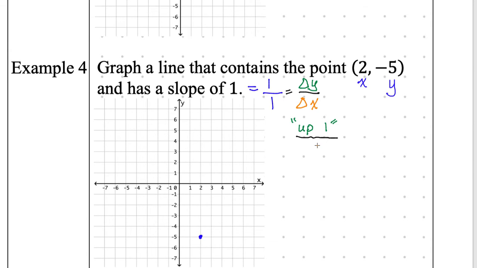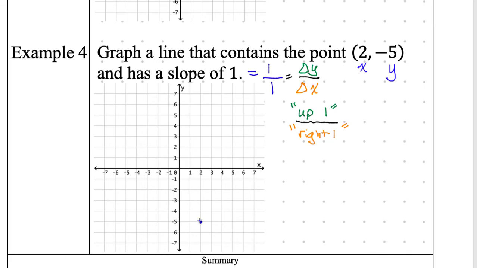Delta x equals 1 means go right 1. Now we have our instructions for what to do from this point at 2, negative 5. So from this point, I'm going to go up 1, plus 1, and then right 1, plus 1. And I can do that again, but there's our point.